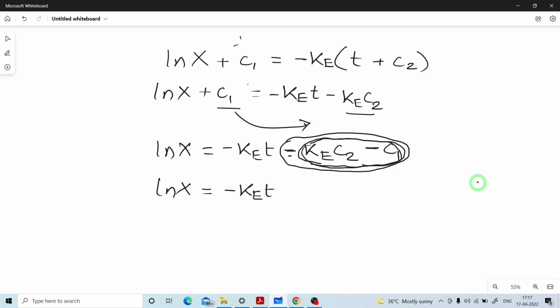This minus sign which is there, I'm going to keep as it is, minus, and this term, KEC2 minus C1, will be nothing but the integration constant I, which is the clubbed constant over here.